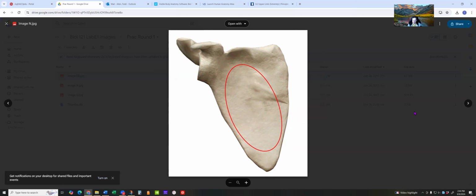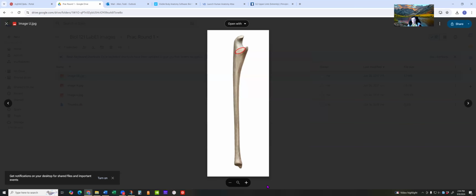And that's 40 seconds. Okay, we're going to go to the third practice image. And again, the question for the third image is going to be name the substructure of the bone. Third practice image, name the substructure. Here you go.